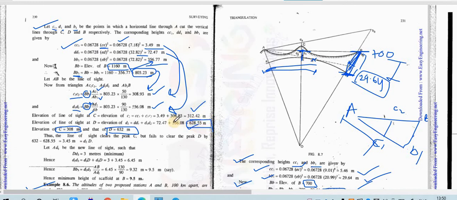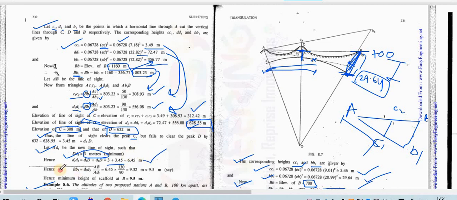Thus the line of sight clears the peak C but fails to clear at point D. So let AD3 be the new line of sight. We are assuming that it should be at least 3 meter above. So 632 minus 628.55, the difference is 3.45 plus 3, this is 6.45. So this much height should be raised.